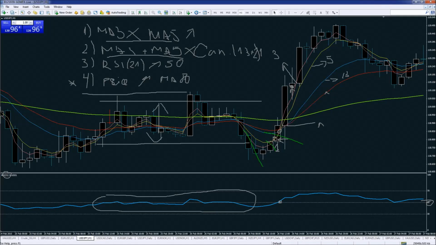And speaking of which, let's take a look at what kind of profits we would make. Based on the fact that our exit points should always be over here, when moving average 3 crosses over moving average 5 to the downside.